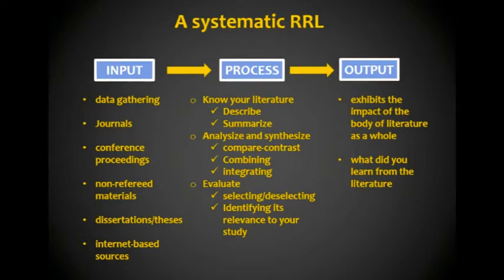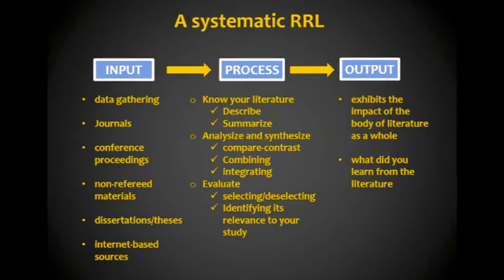Now, when processing, you should actually know your literature, wherein you should know how to describe and how to summarize the things that you have gathered. Second, you need to analyze and synthesize. When we say analyze and synthesize, it means we compare and contrast.